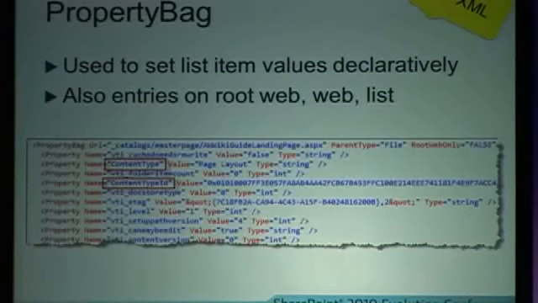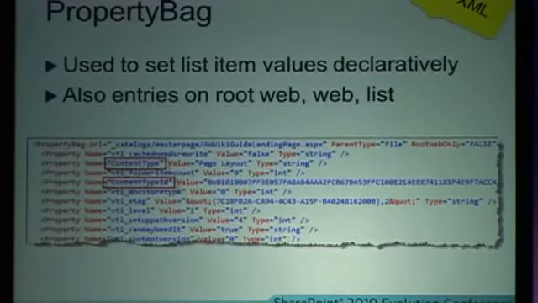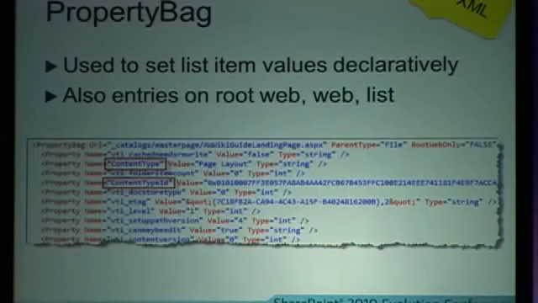We've got these new property bag elements. These allow us to write to property bags. I'm not sure if we can go to farm and web app property bags; I haven't tested that. But anything below, so site collection, web, you can do something specific to the property bag on a root web, list and list item. We can now set values in property bags declaratively.